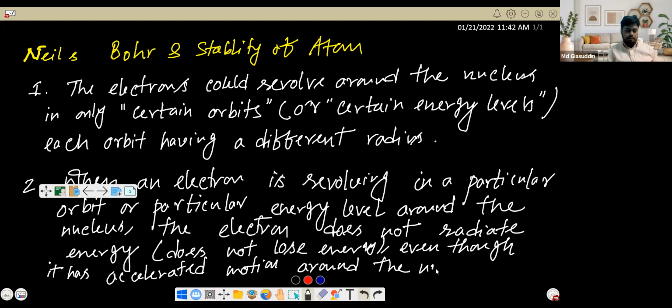Write it down in your copies. And since the electrons do not lose energy when revolving in a circular path or in an orbit, they do not fall into the nucleus, and hence the atom remains stable.